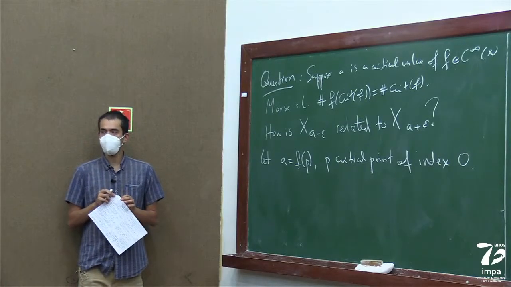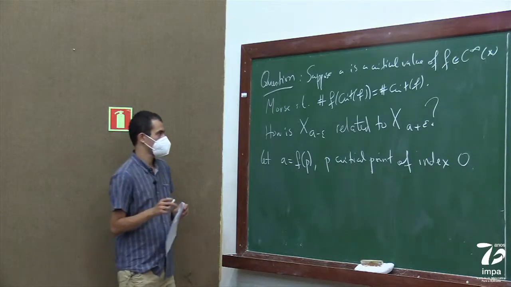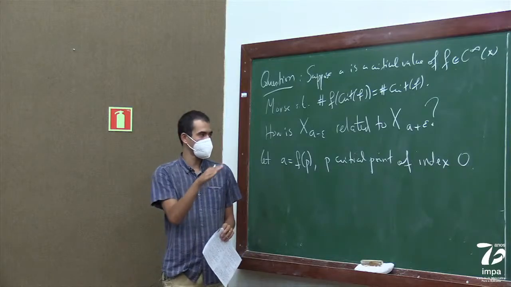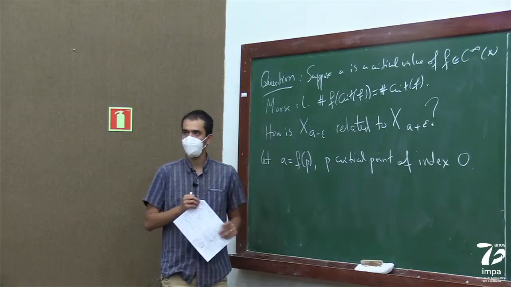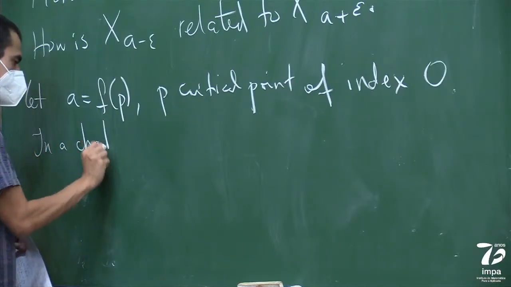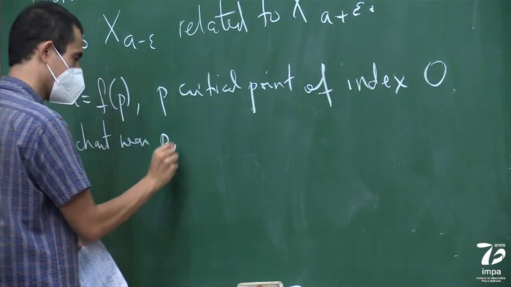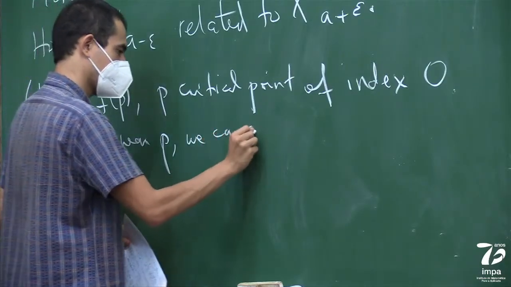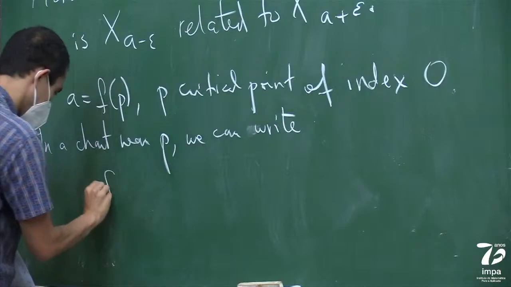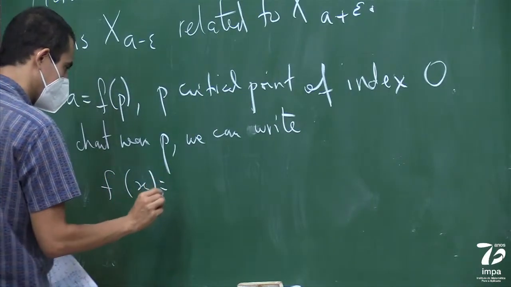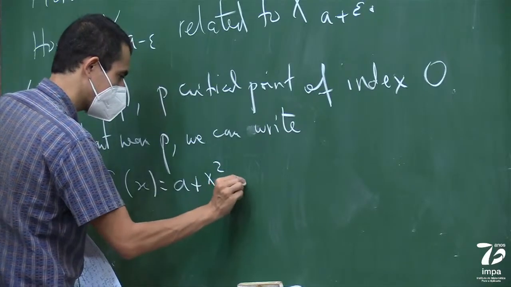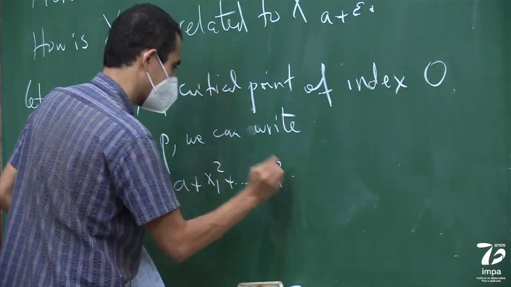That means that near P, P is a local minimum of the function. So that means that in a chart near P, we can write f(x) equal to a plus x1 squared plus etc. plus xn squared.